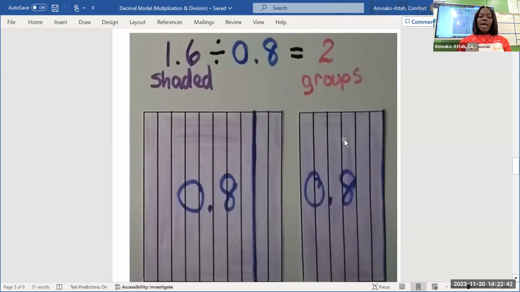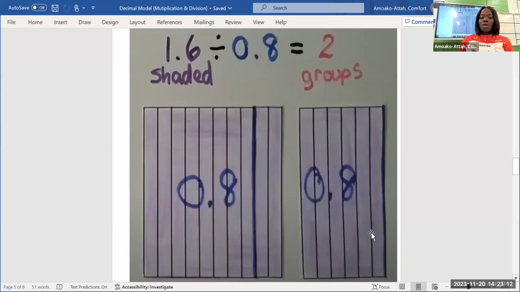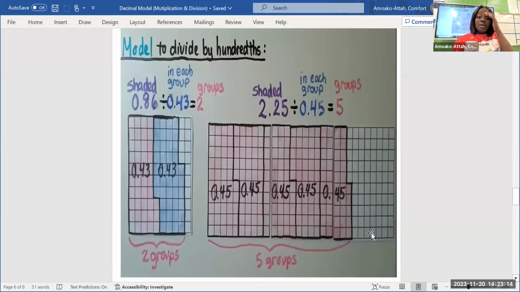So doing this, we had 2 groups, because this is 1 whole and 6 tenths, 1, 2, 3, 4, 5, 6. So from 1 whole and 6 tenths, we had 2 groups of 8 tenths. It means that 1 and 6 tenths divided by 8 tenths gives you 2 as your final answer. So the number of groups you get becomes your final answer. All right, let's do the next one.